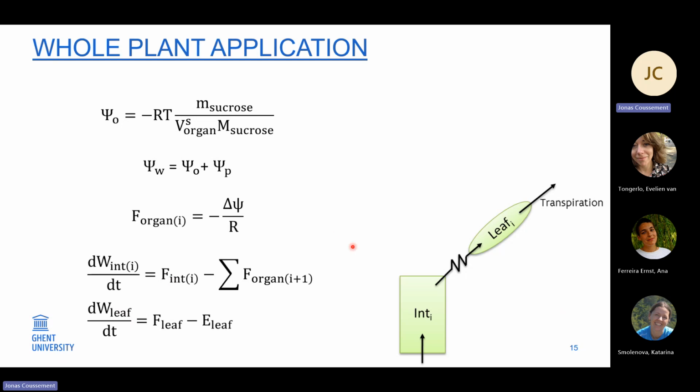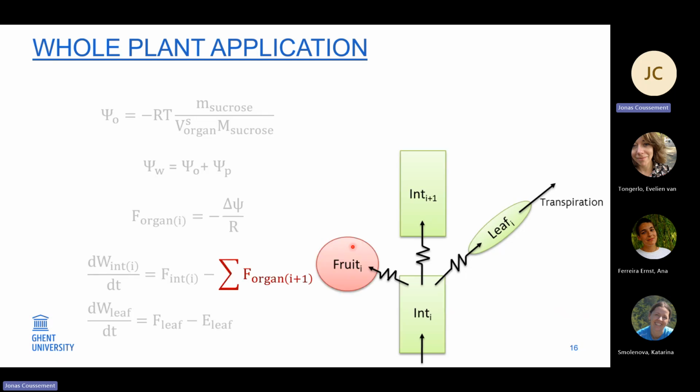But for our internodes, it's a bit more complicated because we can have water flowing towards one other organ, or it can flow upwards to a second organ, a third organ. So we actually need the difference between the water flowing into the internode minus the sum of all the water that is leaving to all the other plant organs connected above the internode.